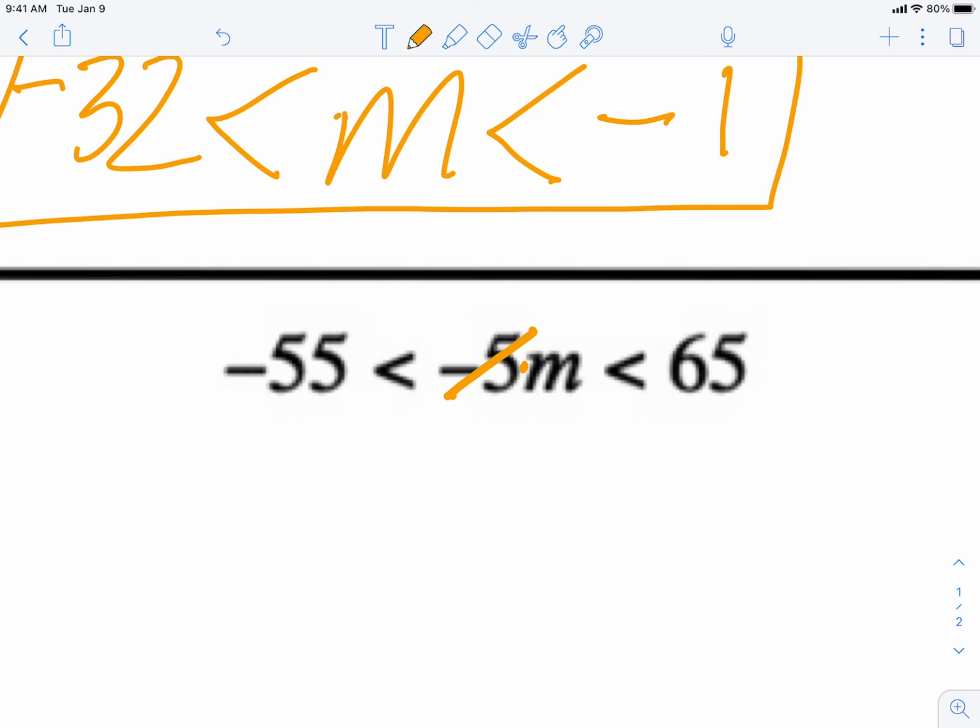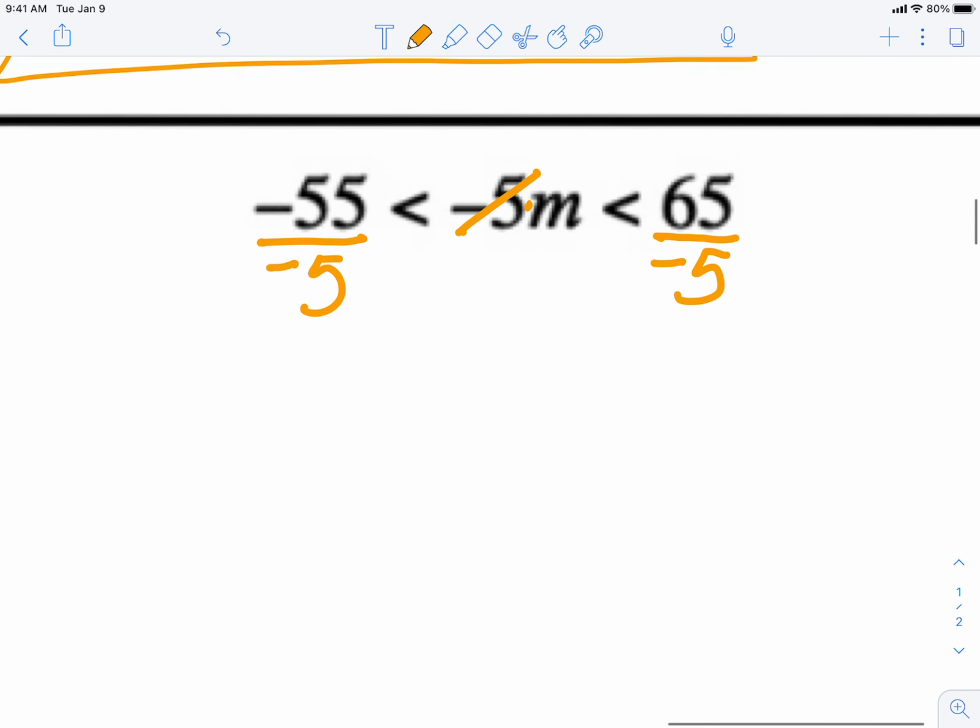So if I cross out negative 5 here, I'm going to divide by negative 5. But again, remember, we can't make this guy jealous. I've got to give 65 the same divided by negative 5. So my m comes down, but I'm dividing by a negative, guys. That means this arrow has to flip. So I'm going to flip it. And I divided by a negative here also, so this arrow has to flip.